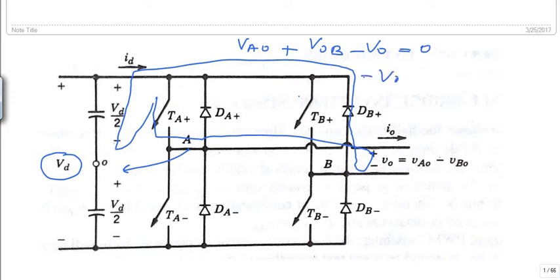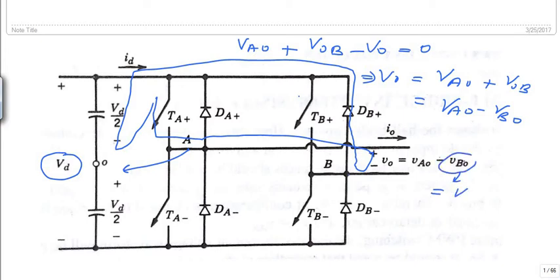So we can write V0 equals VA0 plus VOB, and we can write VBO, because this voltage VBO equals minus VOB.